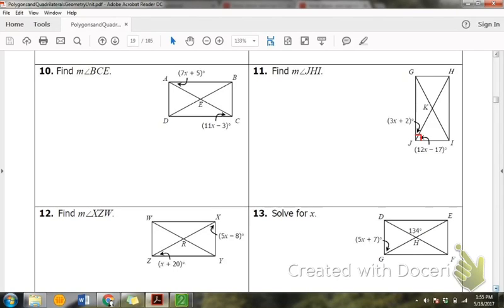So that's where we're going to start. 3x plus 2 plus 12x minus 17 equals 90 degrees. So 15x minus 15 equals 90.